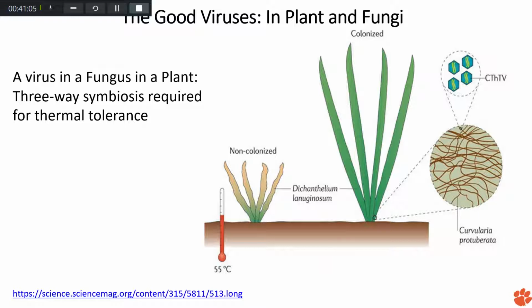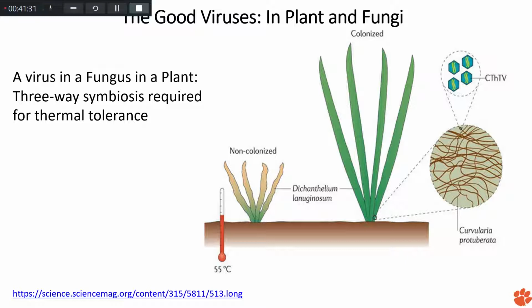So what happens is an interesting thing: this grass is colonized by a fungus, which is Curvularia protuberata. So the name of the grass is Dicanthelium, and Curvularia protuberata is a fungus which has a symbiotic relationship. The fungus lives on the grass and gets its nutrients from the grass.